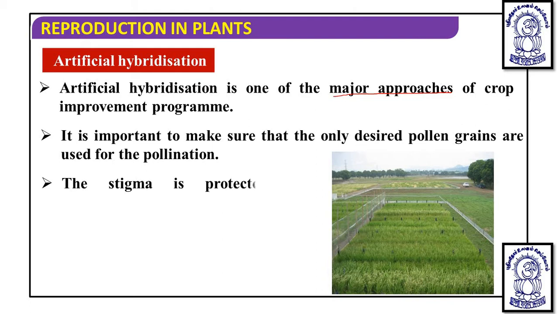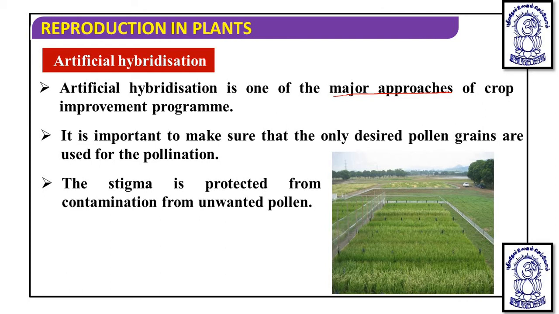One more thing: the stigma is also protected from contamination by unwanted pollen. Dear students, here only the desired pollen is going to reach the stigma. Any other pollen cannot reach. So based on this, we have to discuss how artificial hybridization occurs.